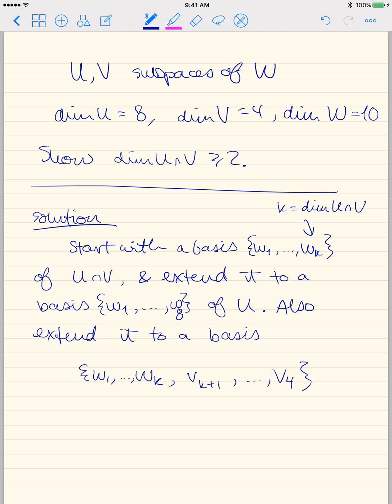Yes? Is it possible to do a proof by contradiction? I think so. Like assume that it's 1 or 0 and then come up with a contradiction. Because for example, if U and V do not overlap at all, then they'll span a vector space with dimension 12. Could that start a contradiction?